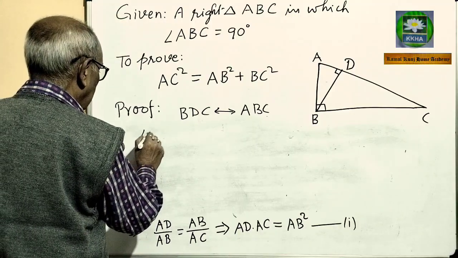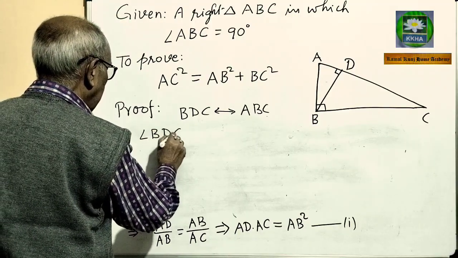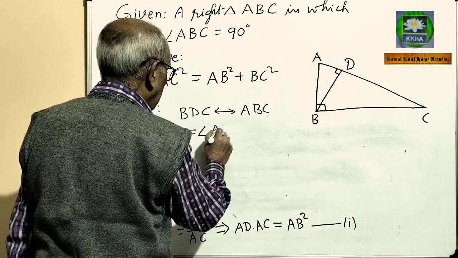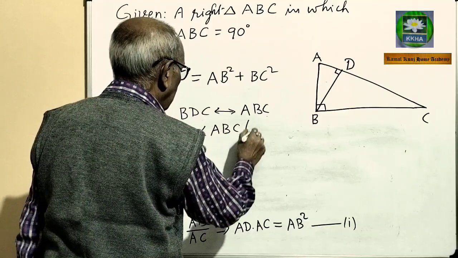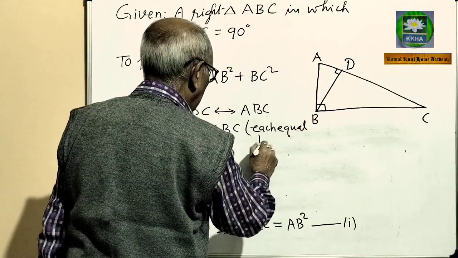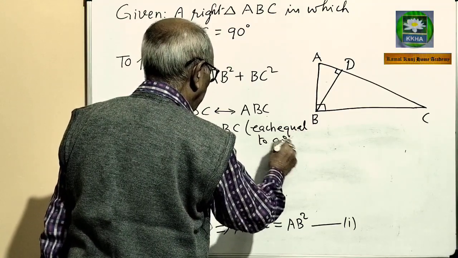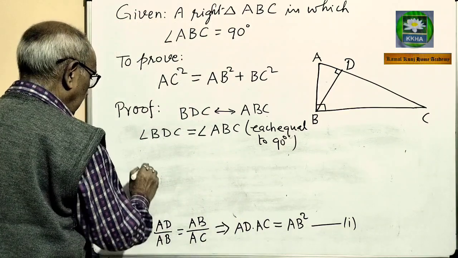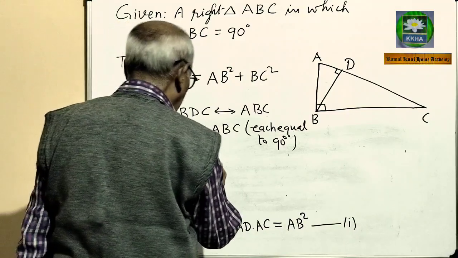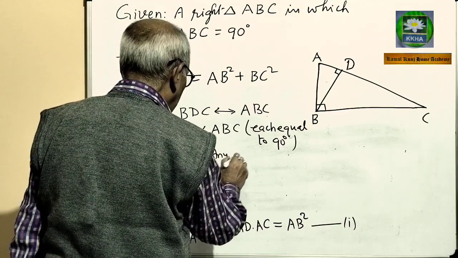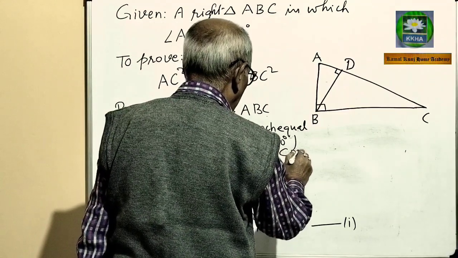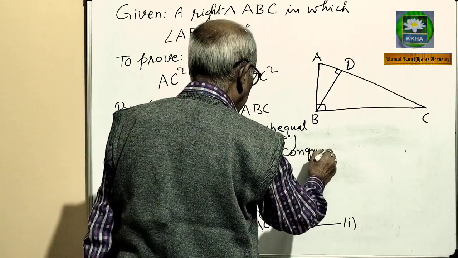Here, angle BDC is equal to angle ABC, each equal to 90 degrees, and angle C is equal to angle C. Any angle is congruent to itself.